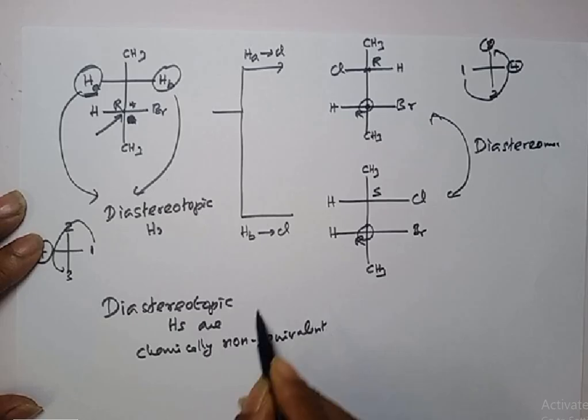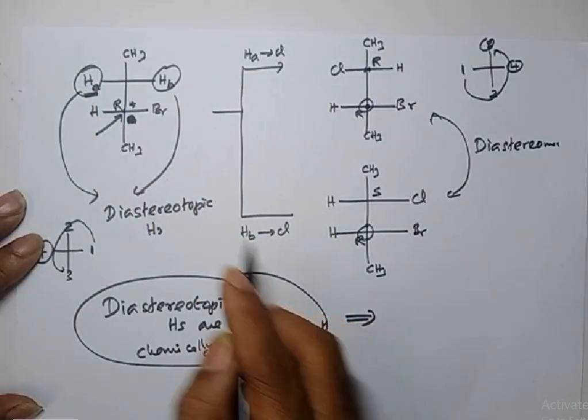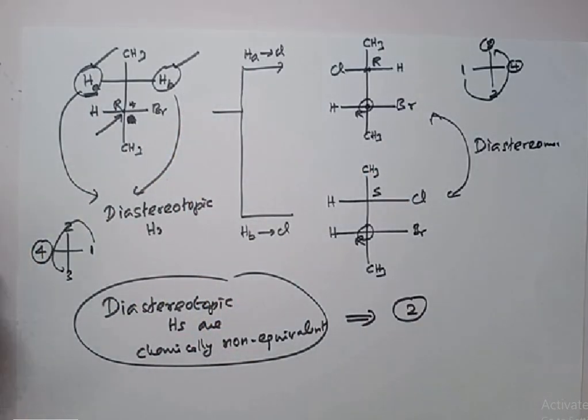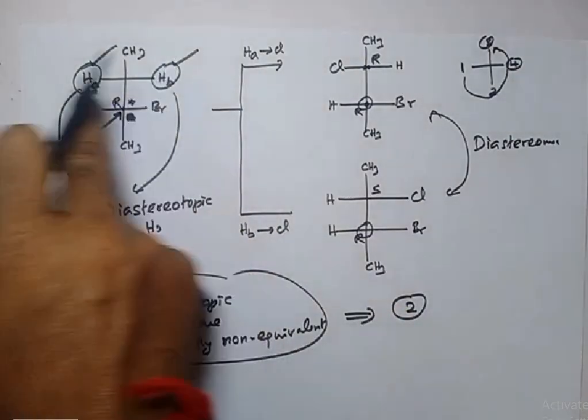Very important. So each one will give one signal in NMR, so we get two signals for this. If you have two hydrogens which are anisotropic, then each hydrogen will give one signal in the NMR. So we get two signals for these hydrogens.